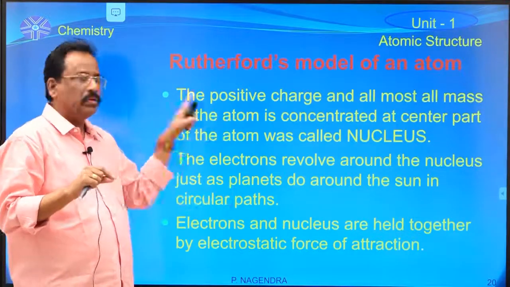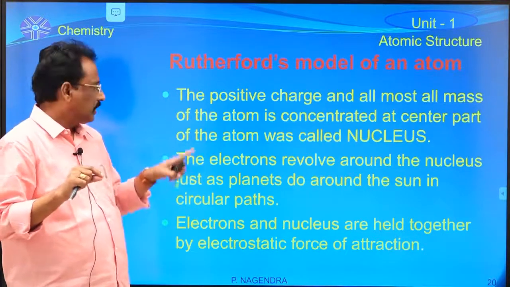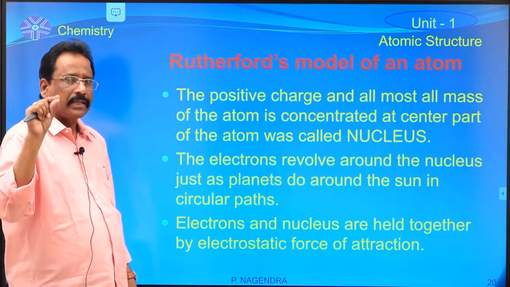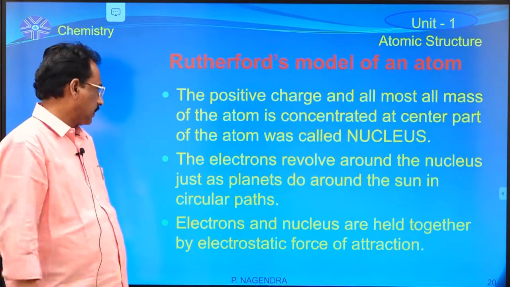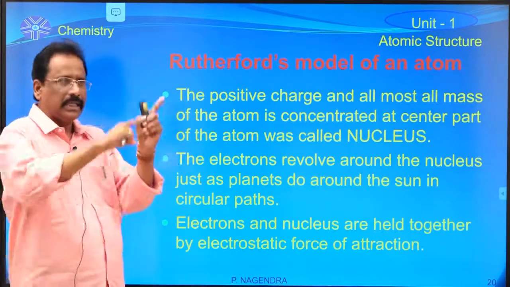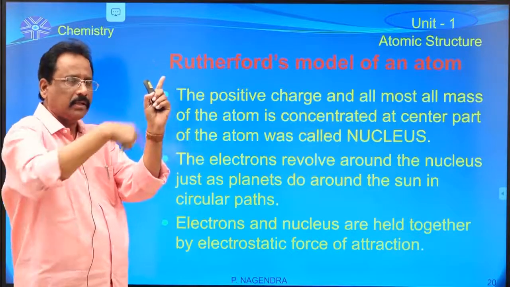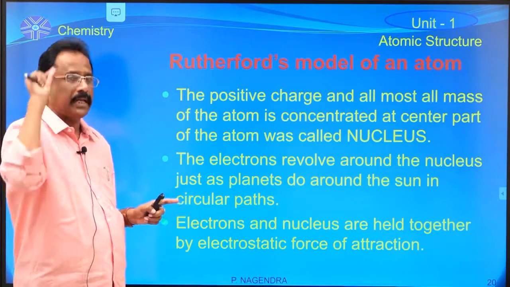He proposed the nucleus. Each and every atom has a nucleus according to him. That's why Rutherford's atomic model is also called the nuclear model of an atom. Remember that. So, the second assumption is electrons revolve around the nucleus with high speed in circular paths, just as planets do around the sun.